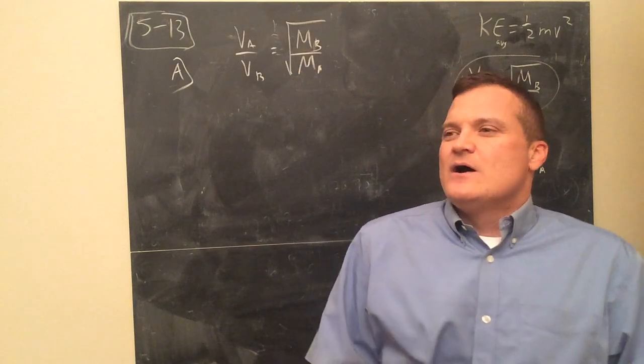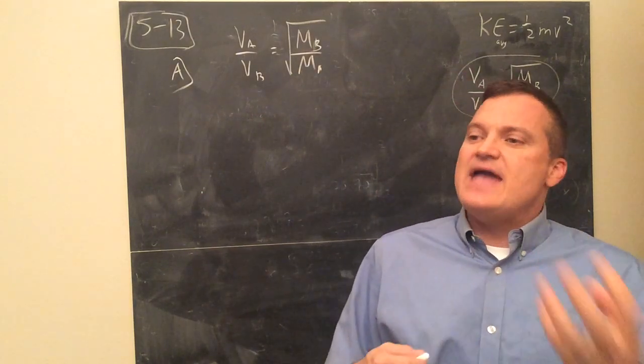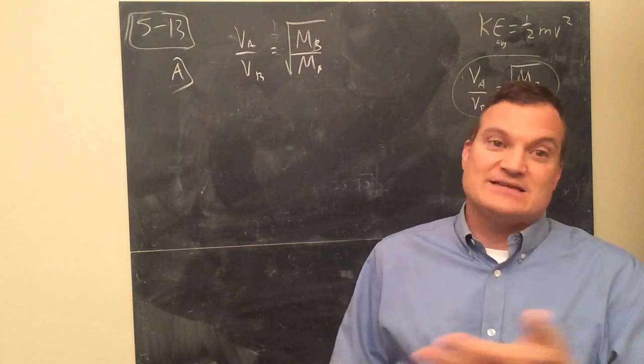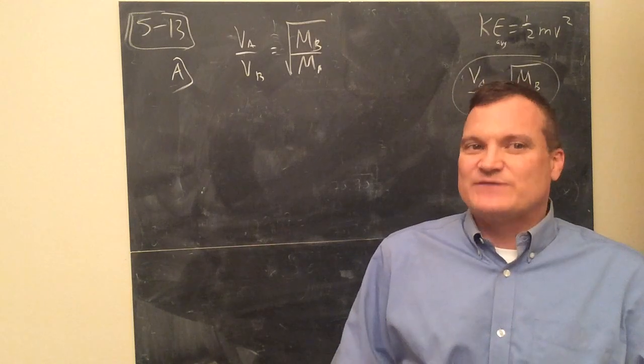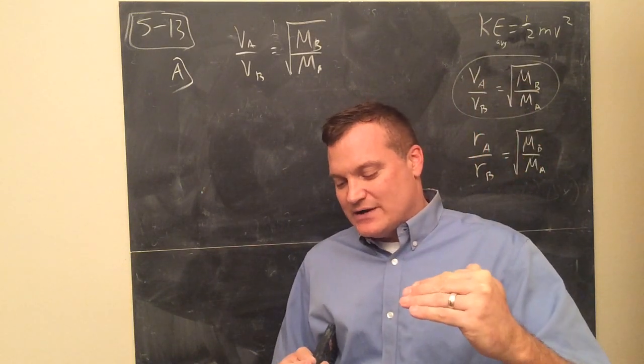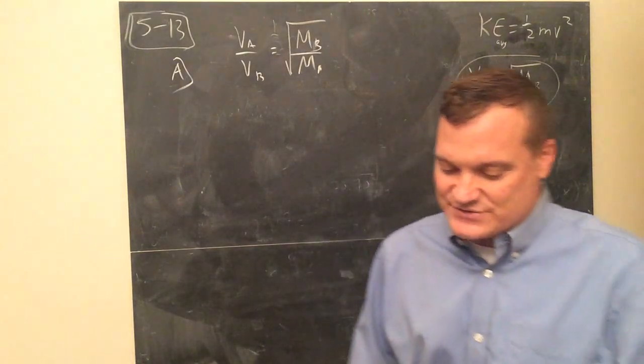The answer to the question needs to be something like this: H2O diffuses at blank times as fast as NO gas diffuses. That's what they want. What we told you on A, they want you on B to go backwards and find out what that answer is going to be.